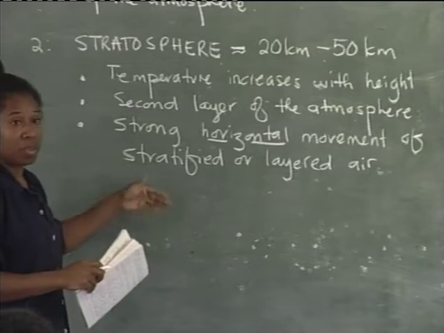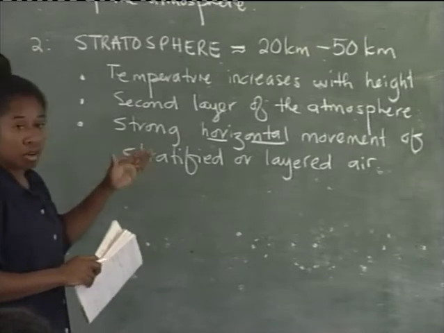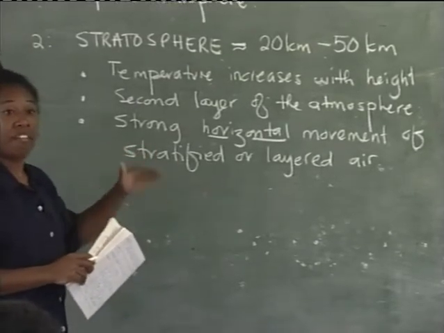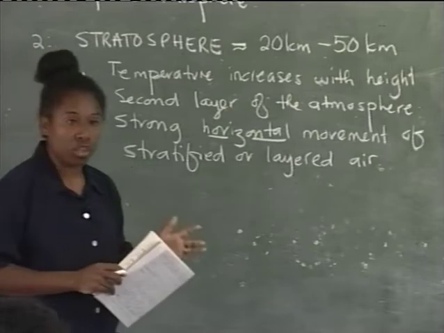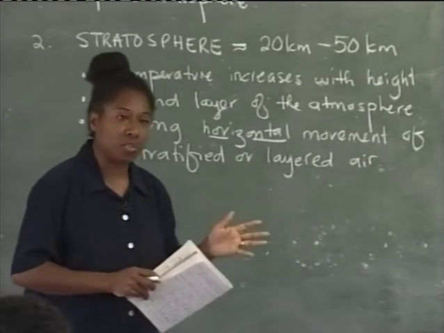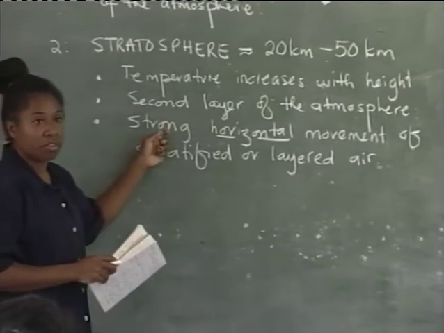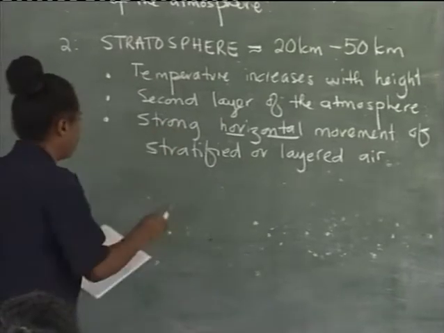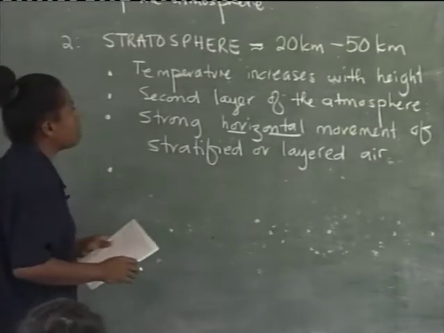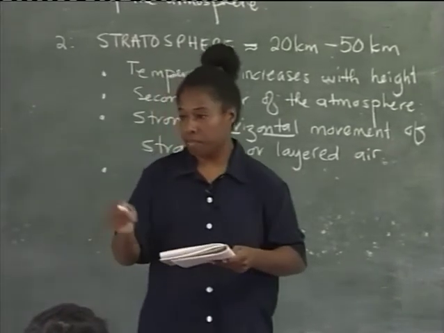In the first layer, which is the troposphere, we had vertical as well as horizontal movement of air. In the stratosphere, it is mainly the strong horizontal movement of stratified or layered air. That's an important characteristic for the second layer.